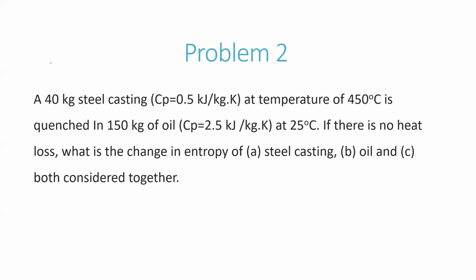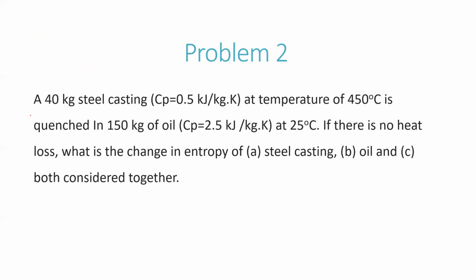And dQ, under normal conditions where pressure change is taken as negligible, so we consider most of the processes as constant pressure processes, dQ is taken as m Cp dT, right? So when we integrate, we get entropy change as m Cp ln T2 by T1. All right. This is what we get.